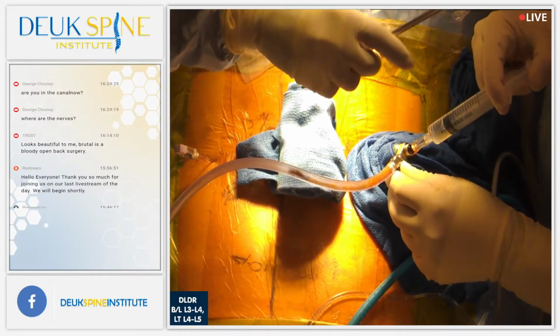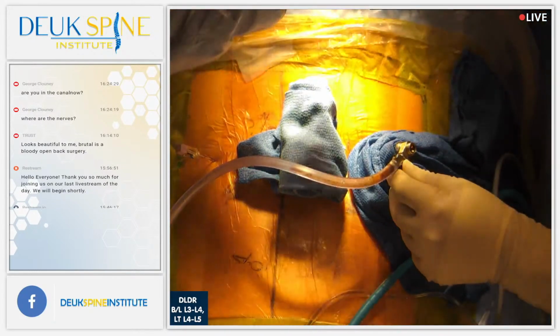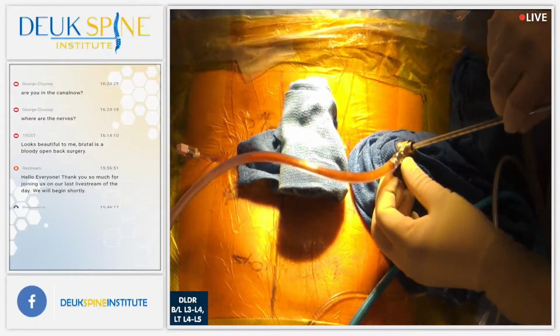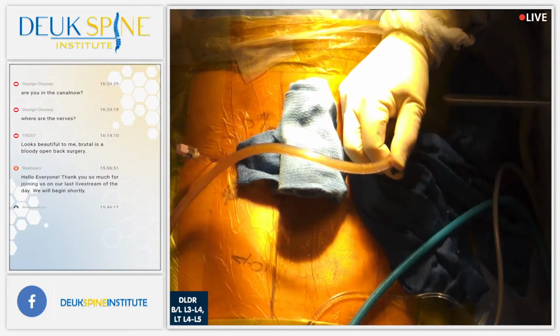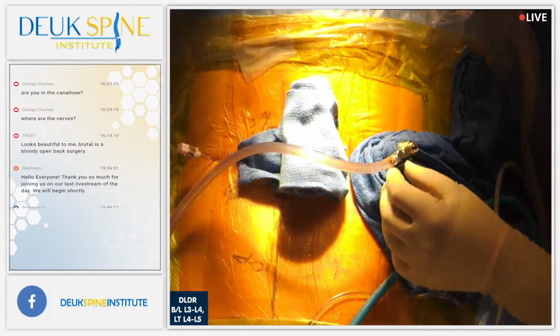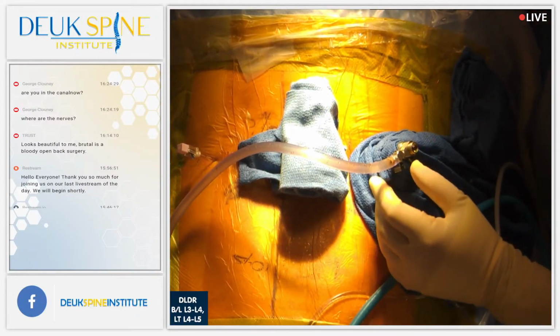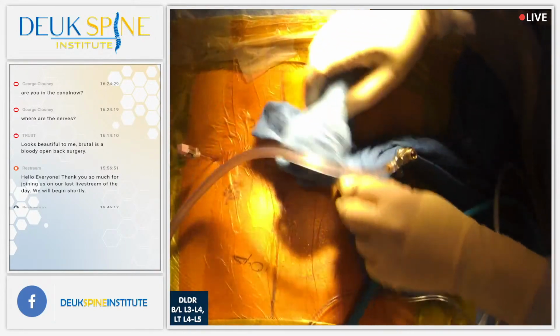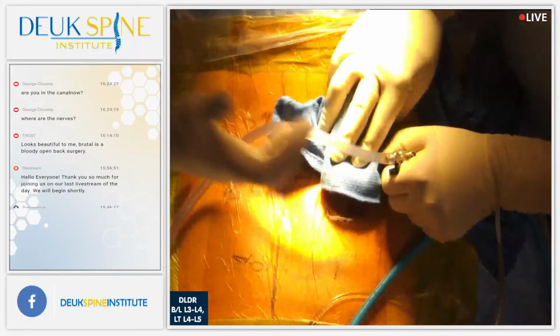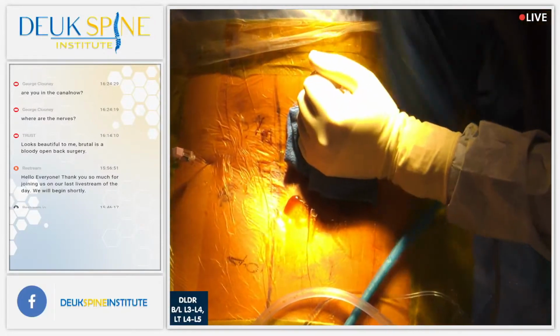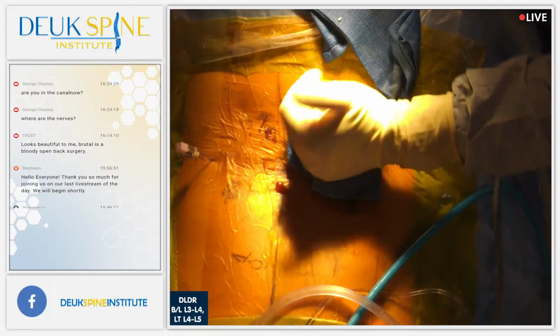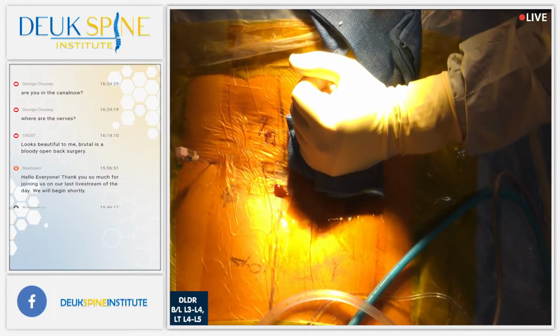We're taking the herniation out from underneath it. One more to go. Any questions?